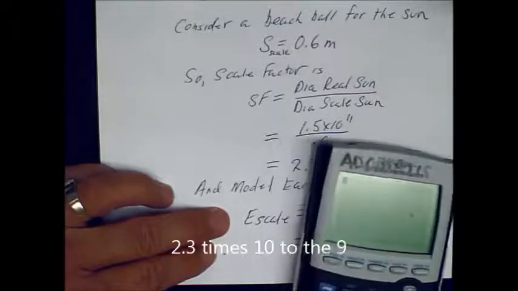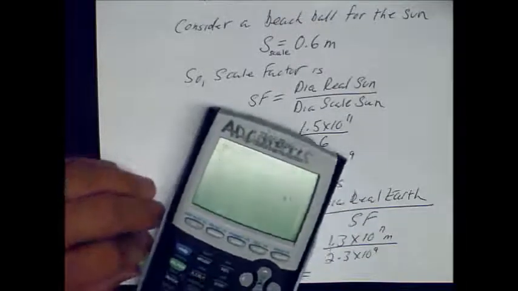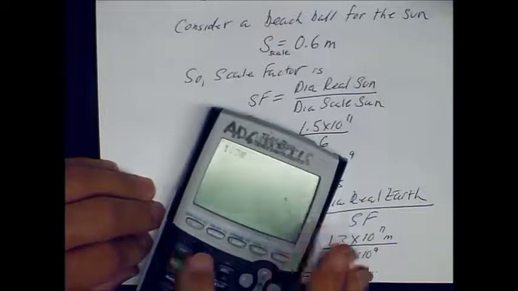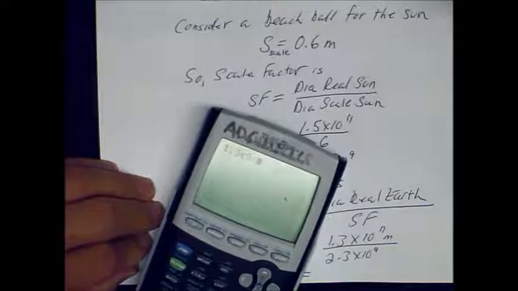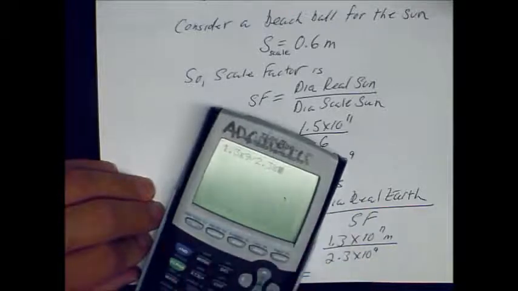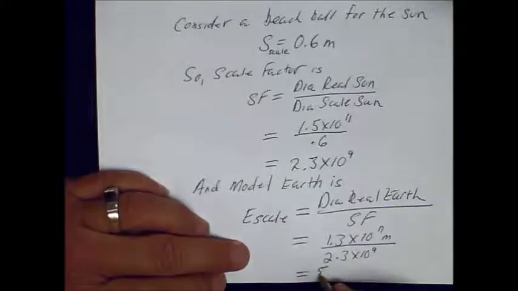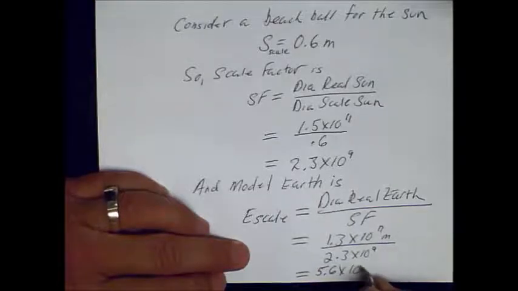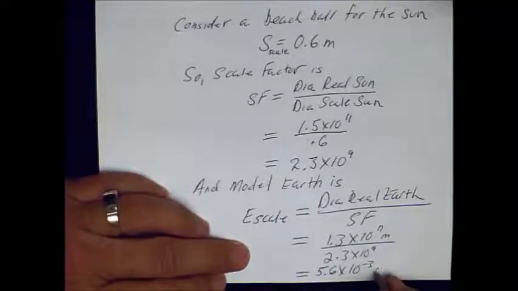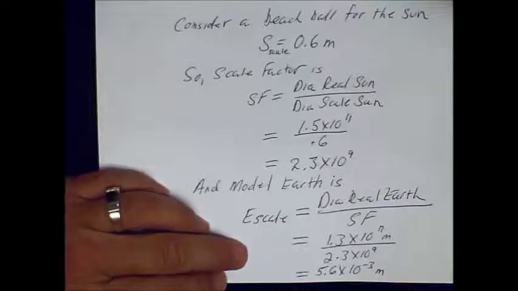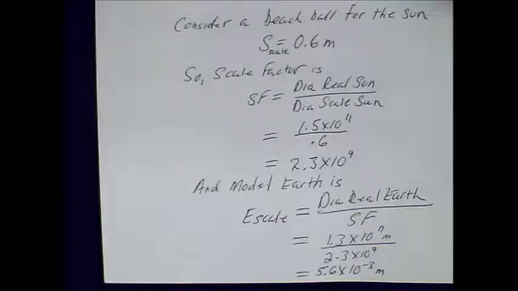So if I get my calculator out here and I enter 1.3 e to the 7 divided by the scale factor, I get 5.6 times 10 to the minus 3 meters. That's pretty small. I wonder what that is in centimeters or millimeters. In fact, that is actually what I wanted you to do for number 6.